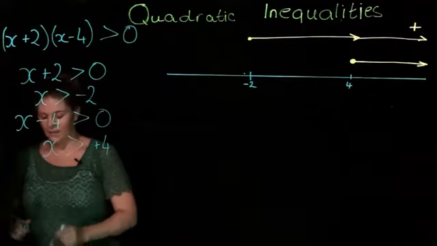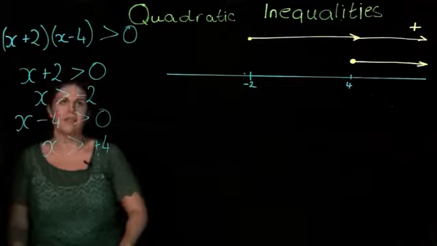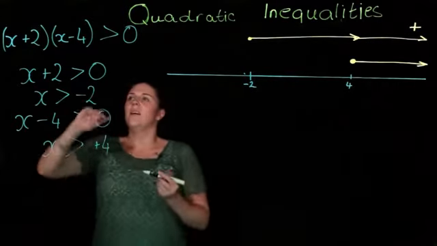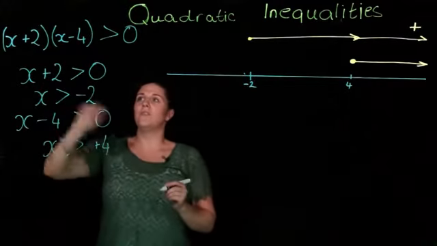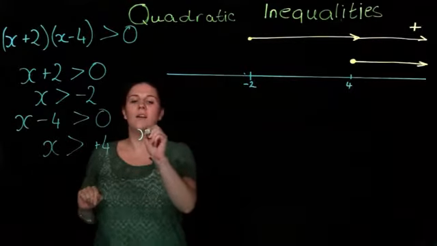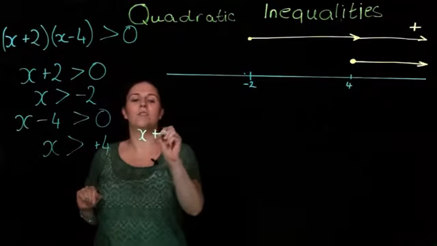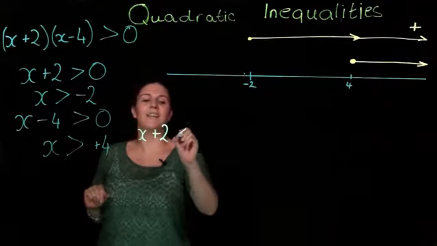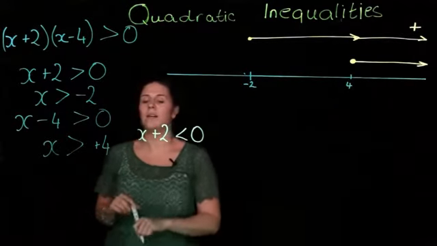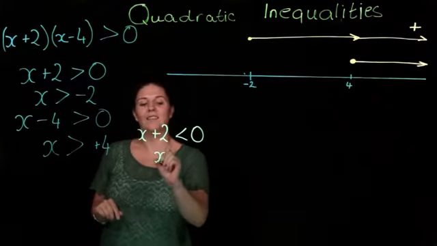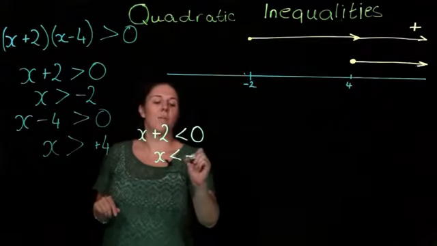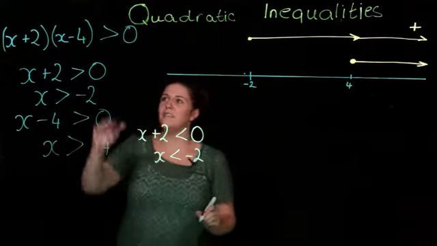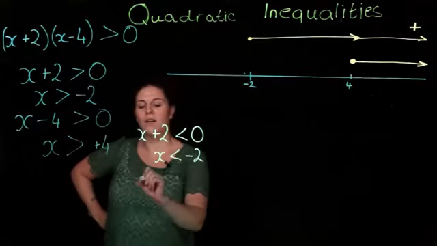So for the negative one, I'm going to use white just so you can see it a little bit better. If these are 2 negative numbers, x plus 2 is less than 0, okay? So that would mean that x was less than minus 2. Again, the same for x minus 4.